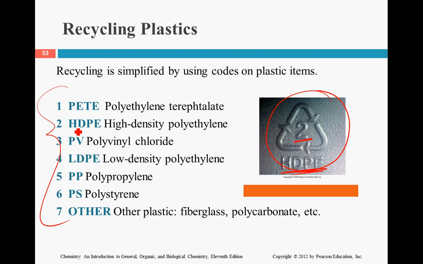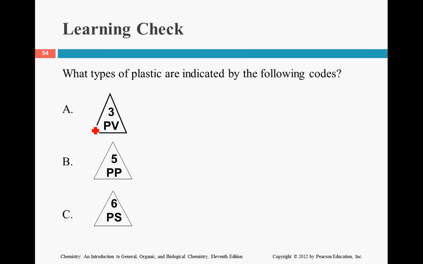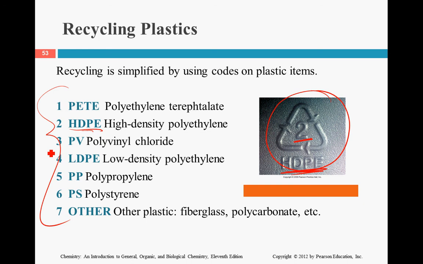So 2 is HDPE, high density polyethylene. And that just basically tells people when it's dropped off at the recycling plant how to deal with that chemical, so that way they're able to break it down easily and safely. So if we look at these, for instance, number 3 is PVC, polyvinyl chloride.